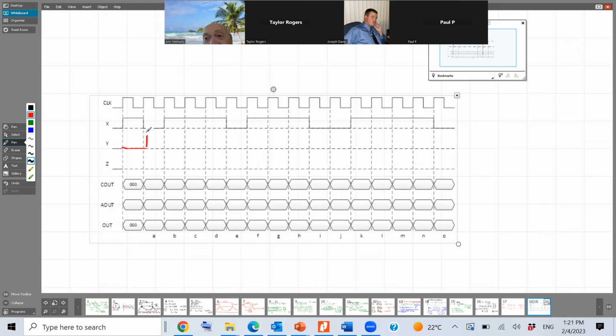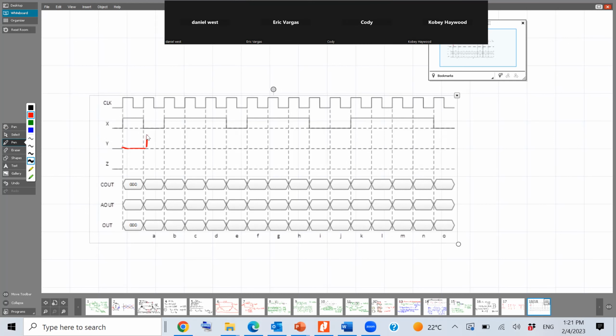What about the third rising edge? Cody? It'll be low, yes, because it has been low for a long time before it, and it didn't catch this rising edge in here. This is extra.